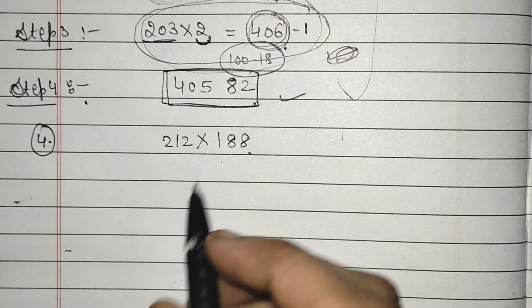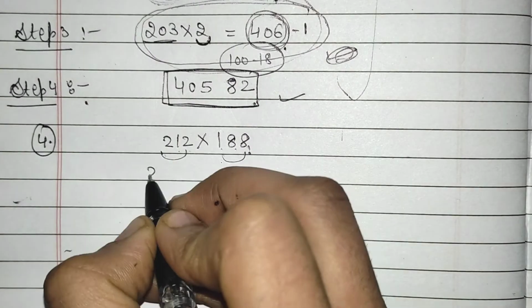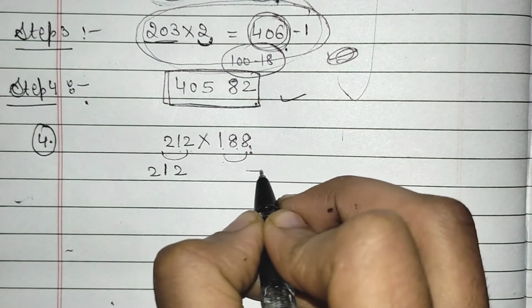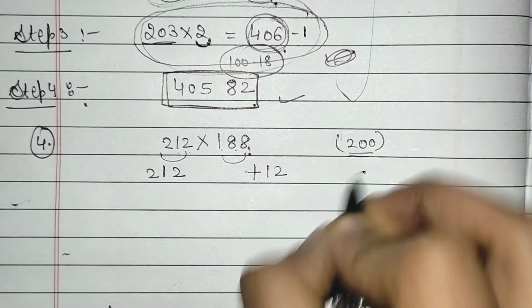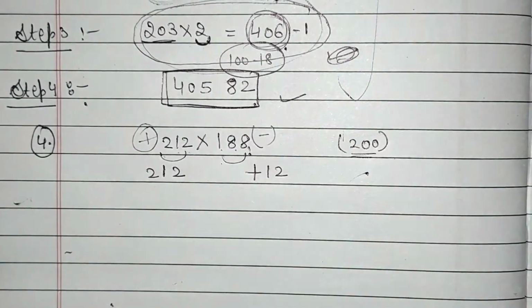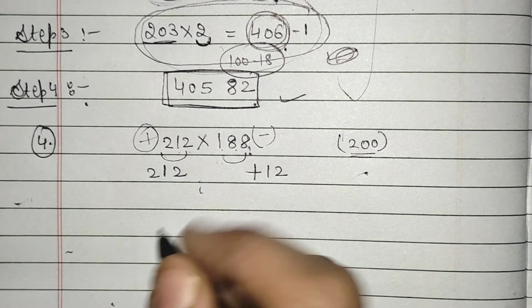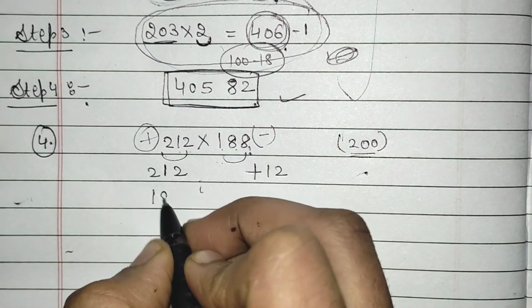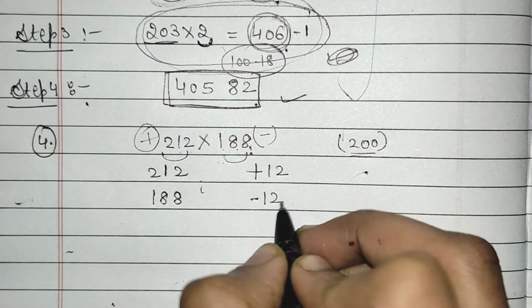So let us take the fourth example, 212 into 188. See, 212 is above the base. Again, the base is what? The base is 200. One value is above the base and one value is below the base. So this is somewhat similar to the question which we have done in the third question. So 188, how can I write it? 188 is how much less than 200?